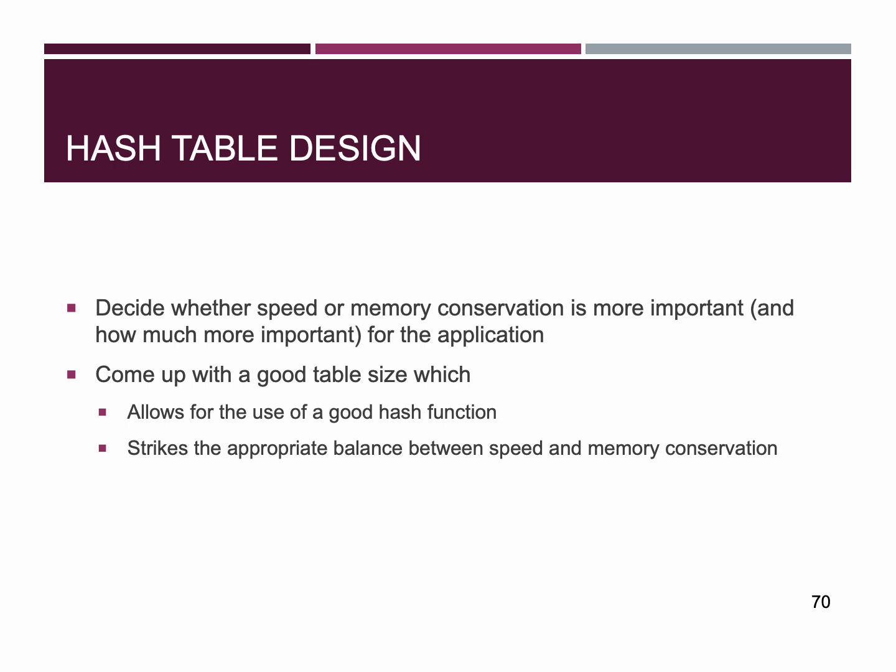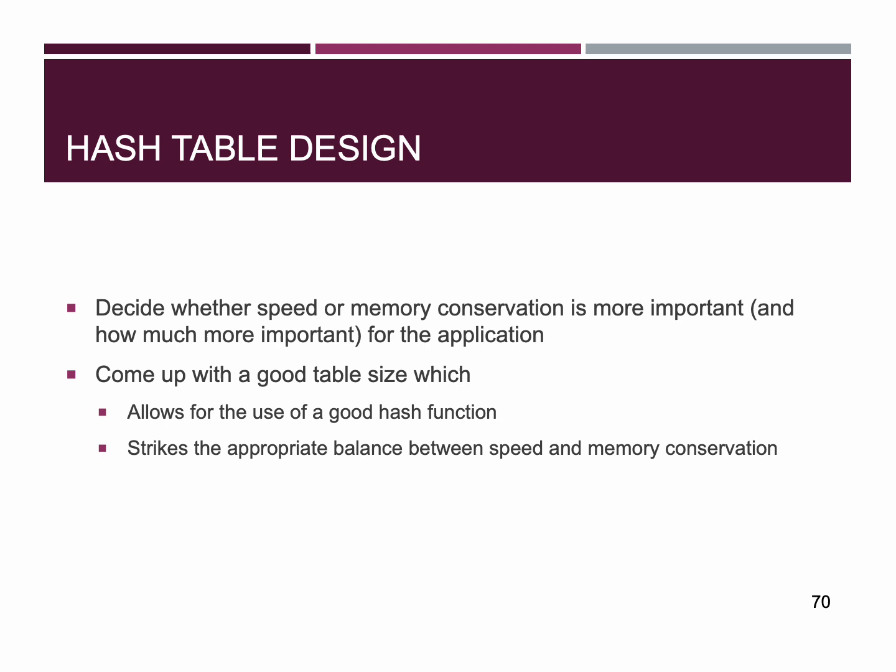In high performance applications where speed is crucial, we might be willing to allocate more memory to minimize collisions and achieve faster access times. On the other hand, in memory constrained environments, we may need to prioritize memory efficiency, even if it means accepting some performance trade offs. After establishing priorities, the next step is to choose an appropriate table size.